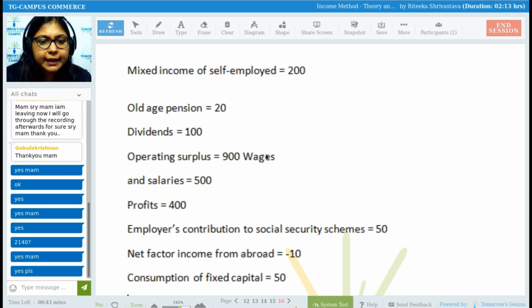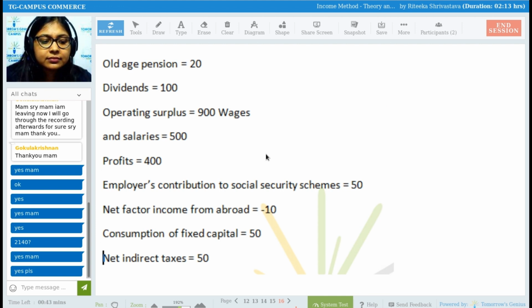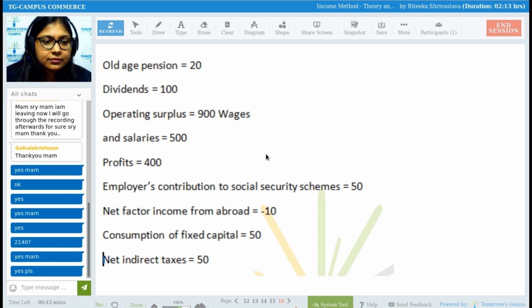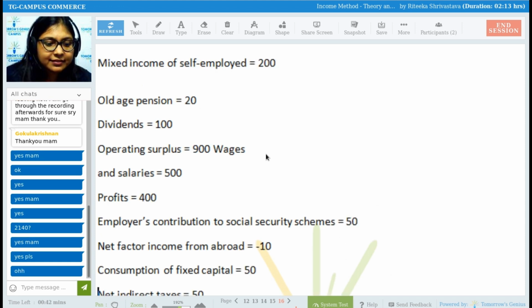So first of all, we will be finding out NDP at FC. Did you miss this? NIT? NIT is also there? I don't think so there is any news of NIT.